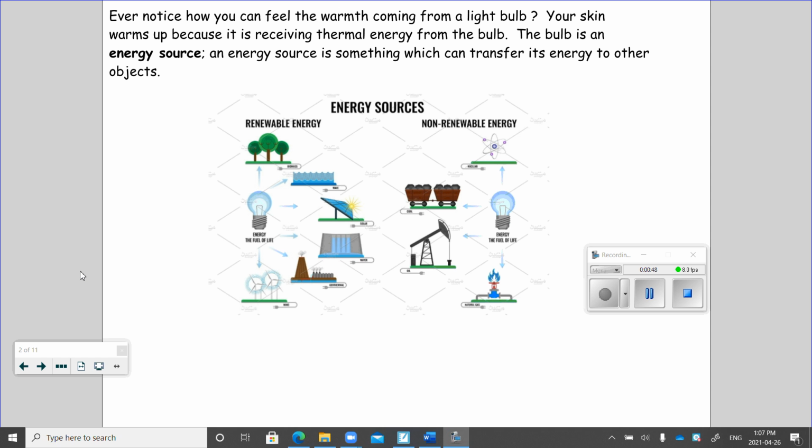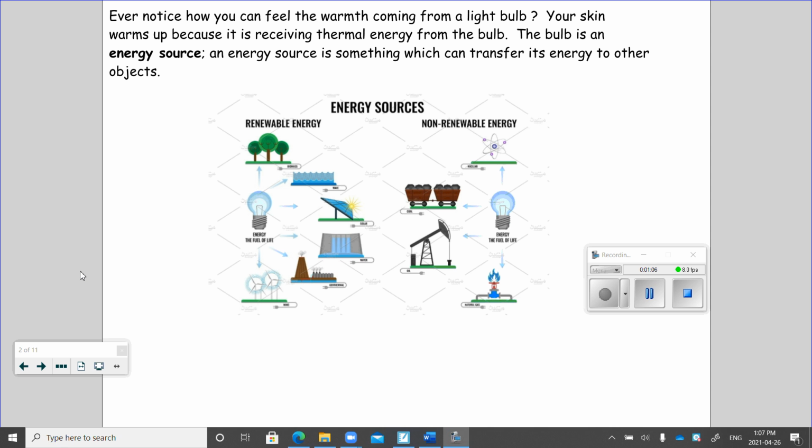Ever notice how you can feel the warmth coming from a light bulb? Your skin warms up because it is receiving thermal energy from the bulb. The bulb is an energy source. An energy source is something which can transfer its energy to other objects.